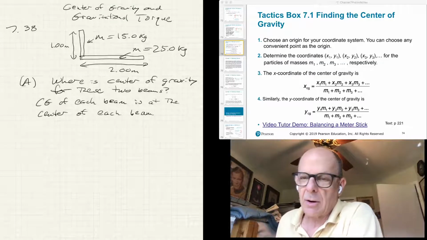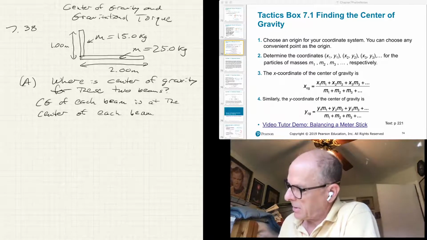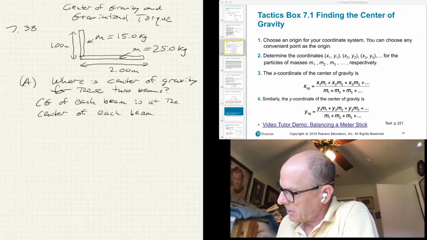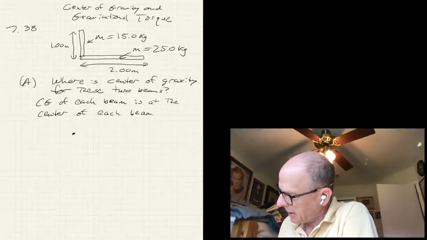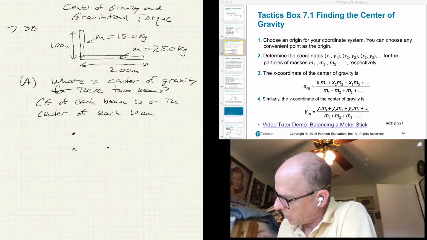So we can consider each beam to be a point located at its center. That means our L-shaped beam becomes something like this, where here's my origin.